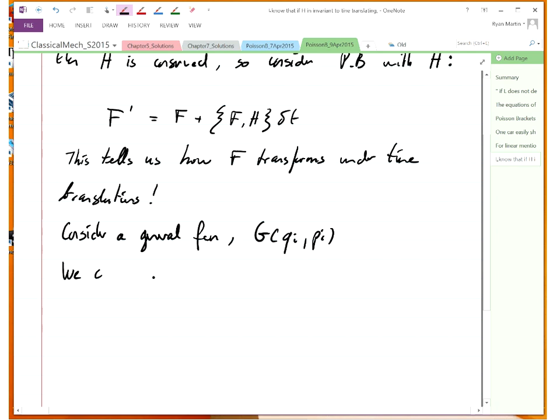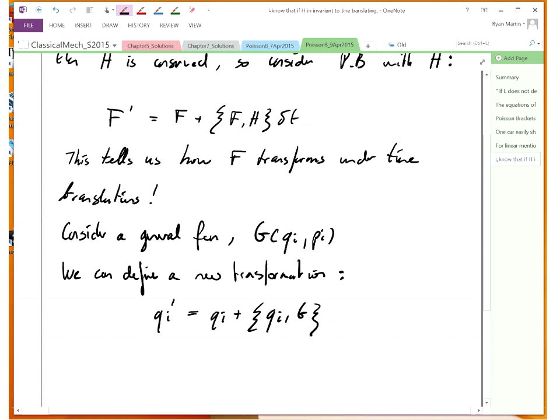So we can define a new transformation where Qi primed is given by Qi plus the Poisson bracket of Qi with G, whatever G may be. Oops.